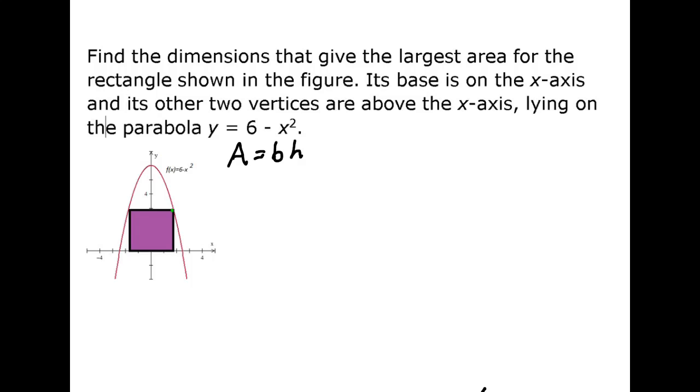But whichever shape you have, the height is the y value here at this point. The y would be the height there, and the base would be 2x's, because 1x is right here, and so the whole base is 2x's.